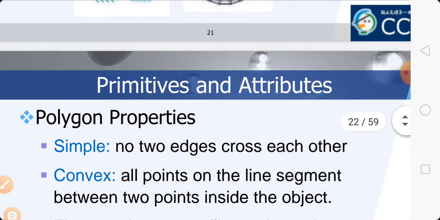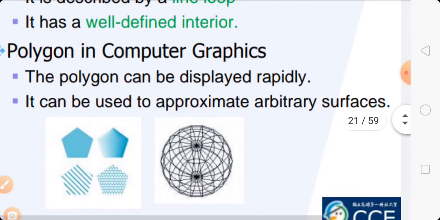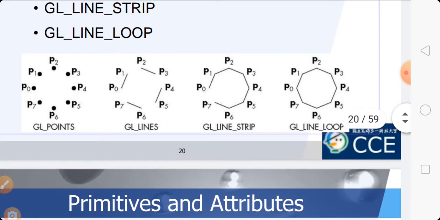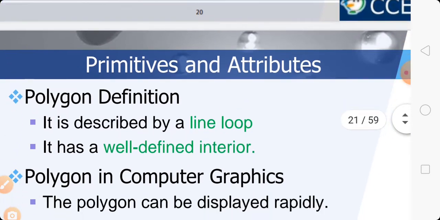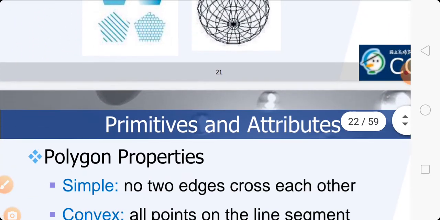Now polygon properties. How many polygons are there? GL_LINE_STRIP and GL_LINE_LOOP. These are the polygons.